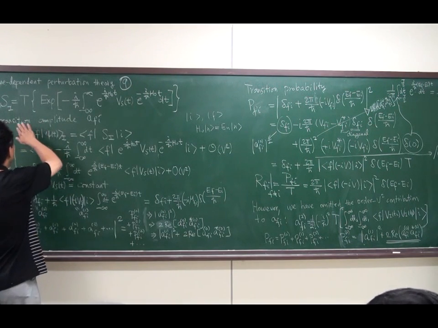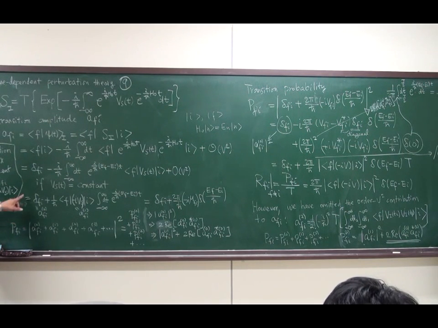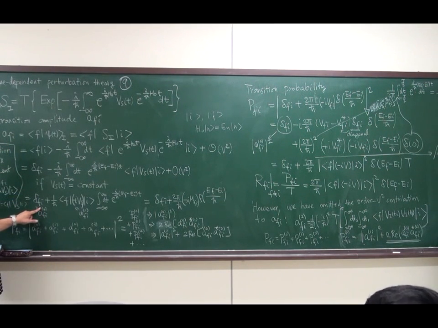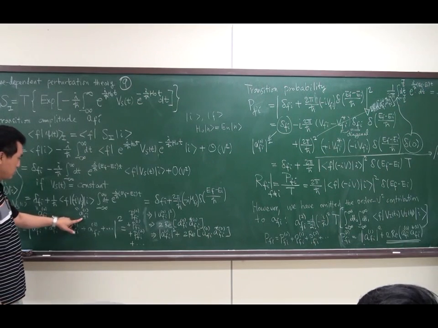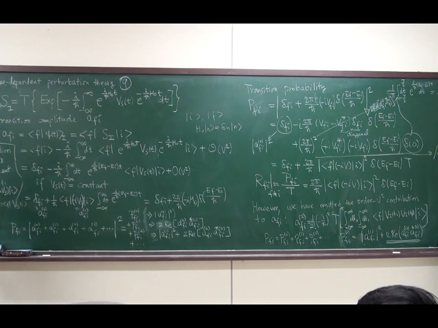Because our way of writing the transition amplitude makes use of perturbation theory order by order, it's good to express the powers in V. So this transition amplitude A_FI is the sum of A_FI zeroth order in V, first order in V, second order in V, and higher orders in V. If I want to compute the transition probability, I have to square the sum, right?